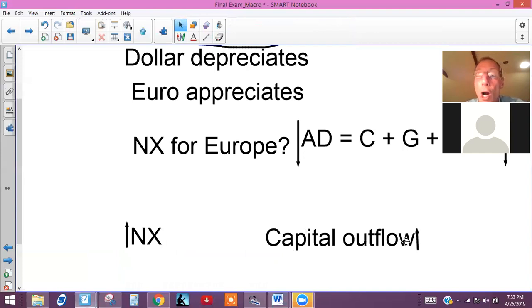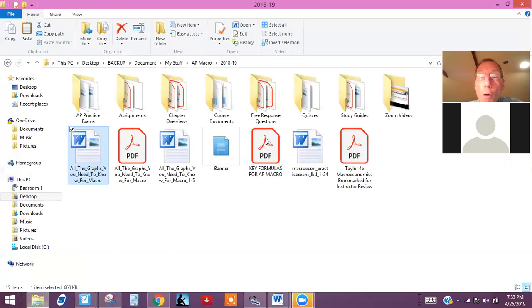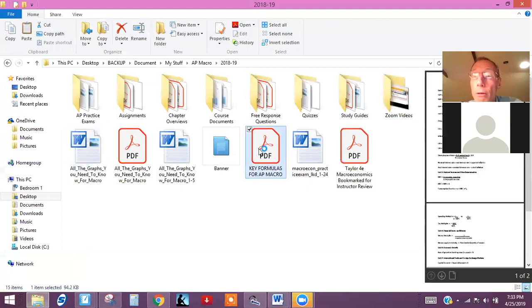This means that our capital or financial account goes into deficit. Now, this is the third time, but I'm going to say it one more time. In this formula sheet right here, the last thing on here is wrong.